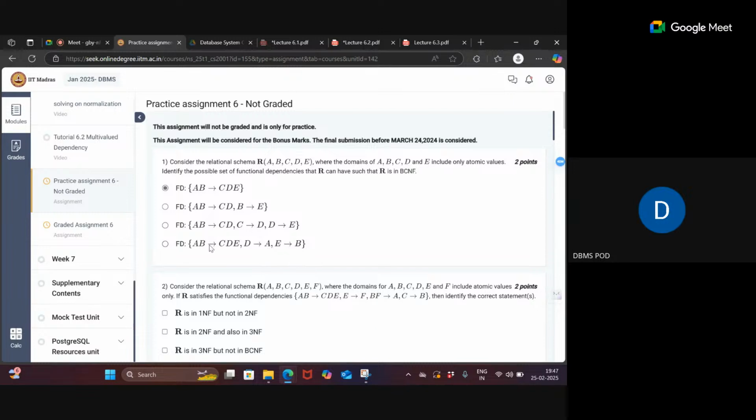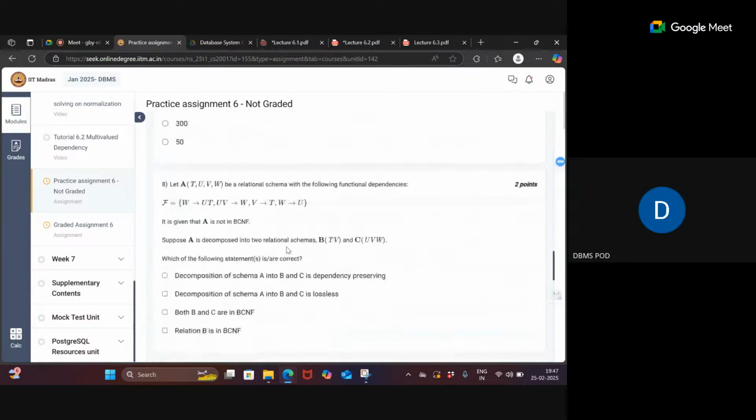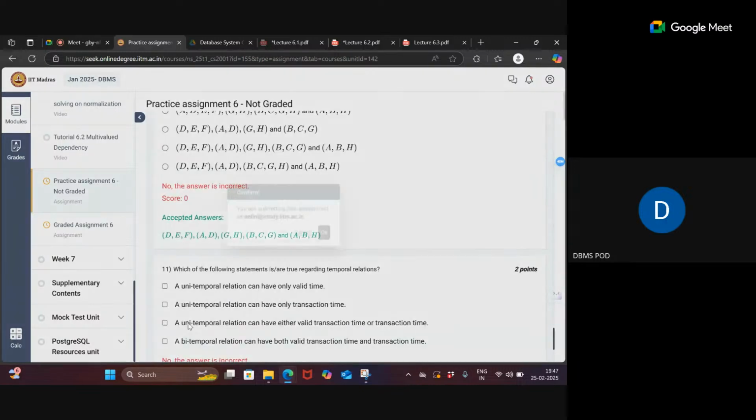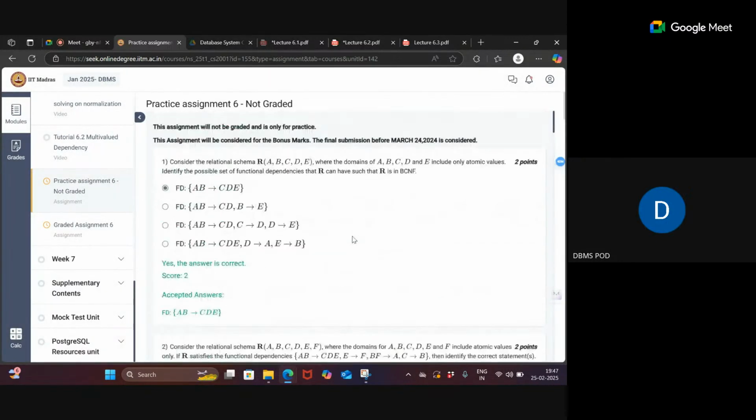If I take AB closure, I will get A, B, C, D, E. So AB is a key. And D determines A and D determines B are not valid FDs to be in BCNF because D and E are not super keys. Just check the answer. Okay, that is correct.